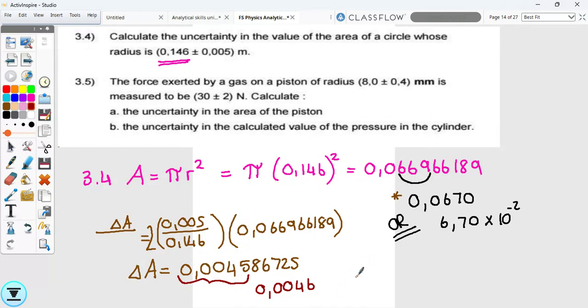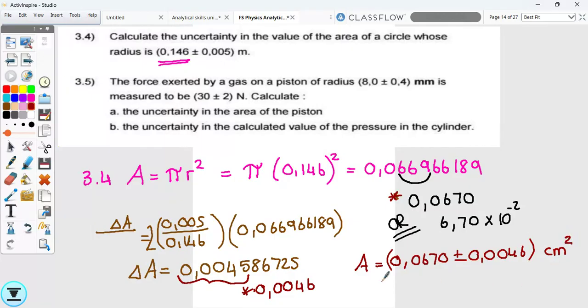We could say that A is equal to, these two go together, the ones with the stars now, 0,0670 plus or minus 0,0046, and all of that is then centimeters squared.